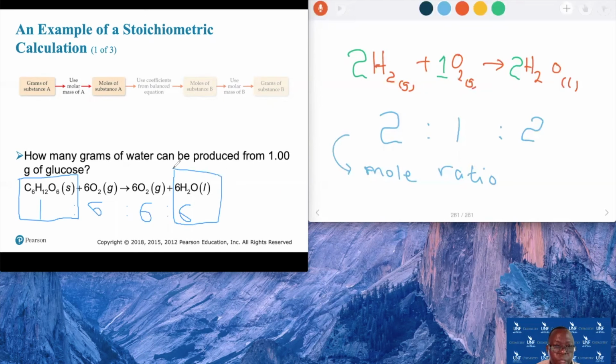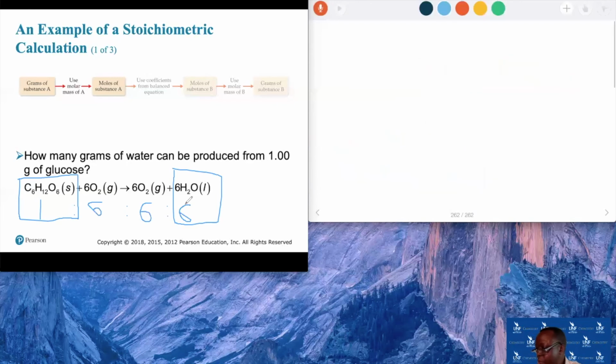This is where we need to zoom in. The mole ratio is 1 to 6. It does not mean 1 gram will produce 6 grams. No, you don't read it like that.